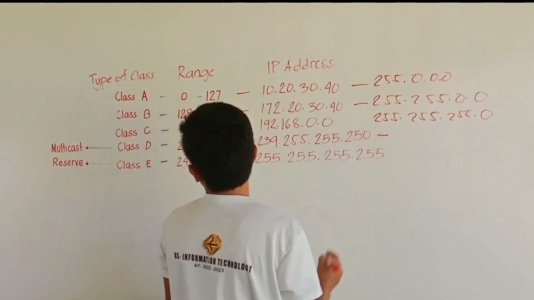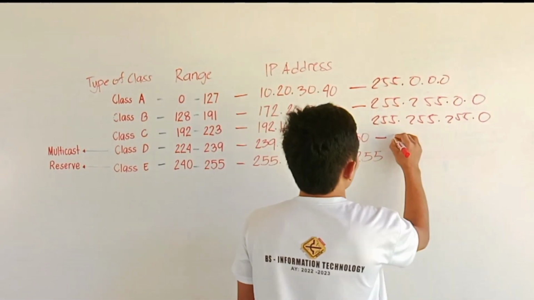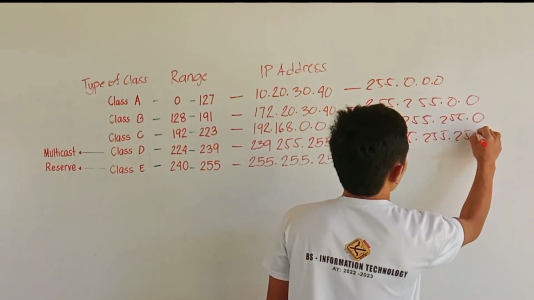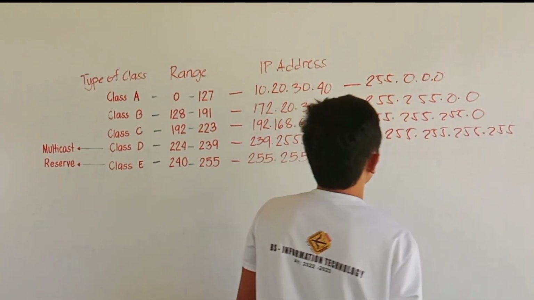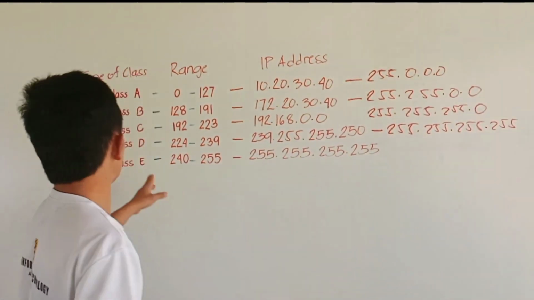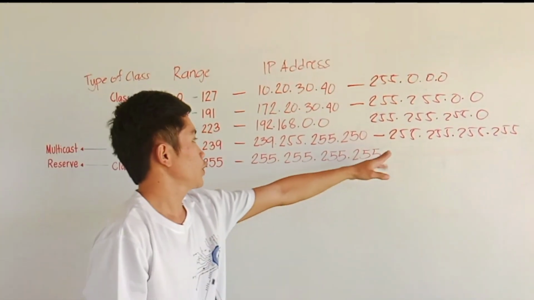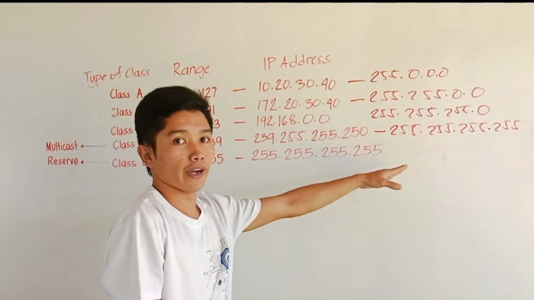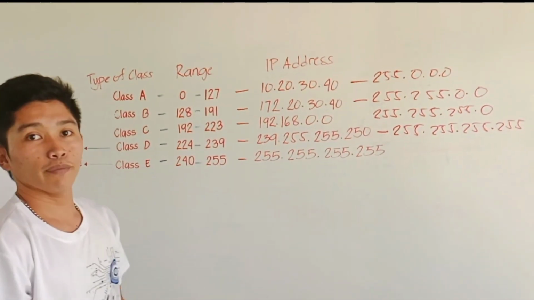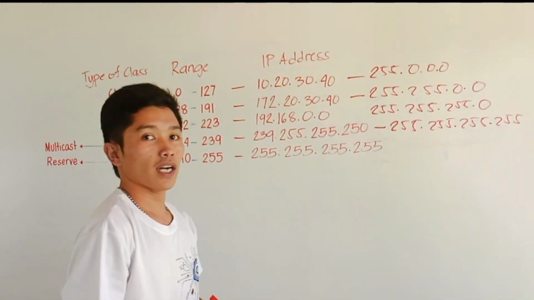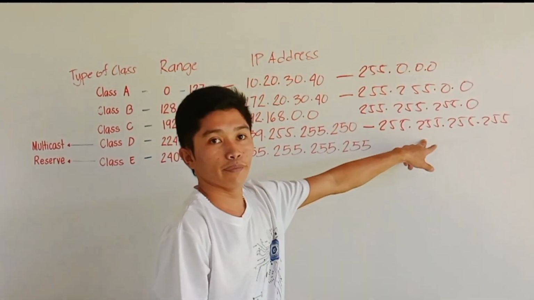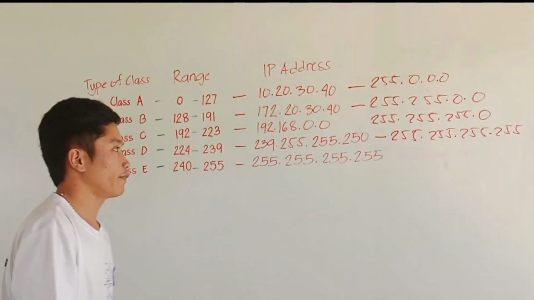Now for class D and E, as you can see, the subnet mask has four octets of 255. These two classes, D and E, have the same subnet mask, 255.255.255.255.